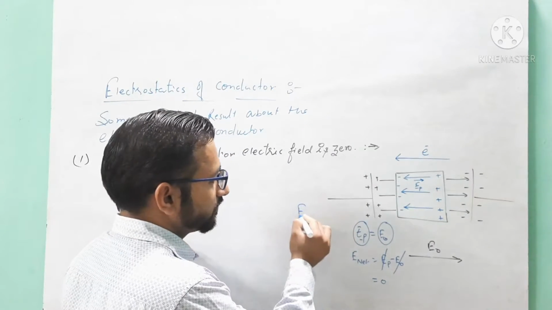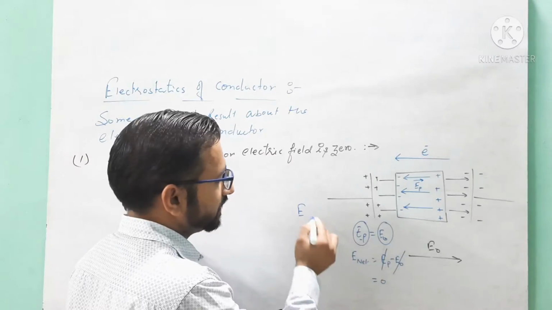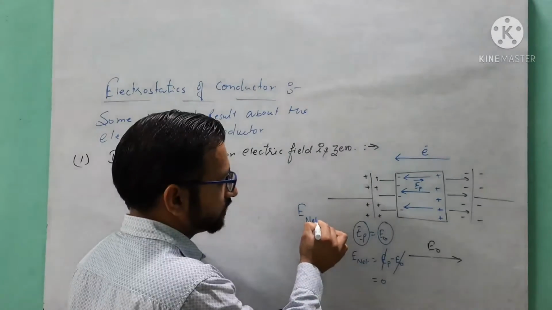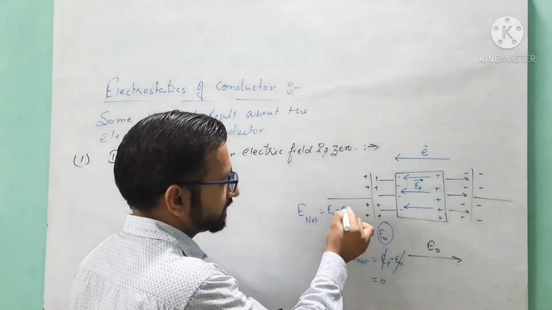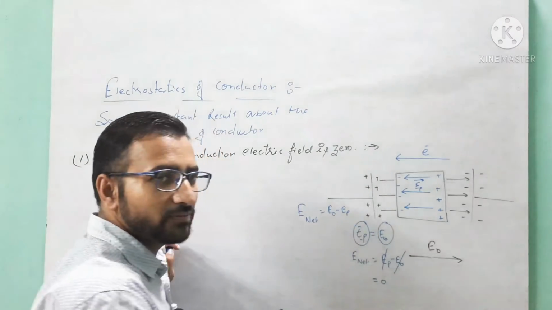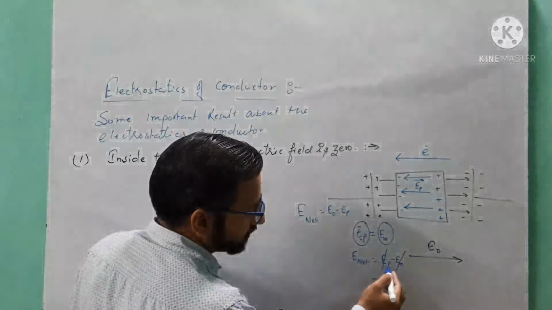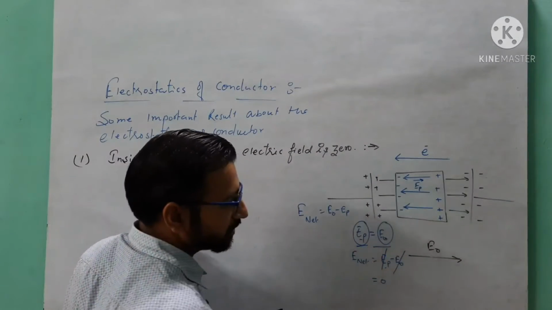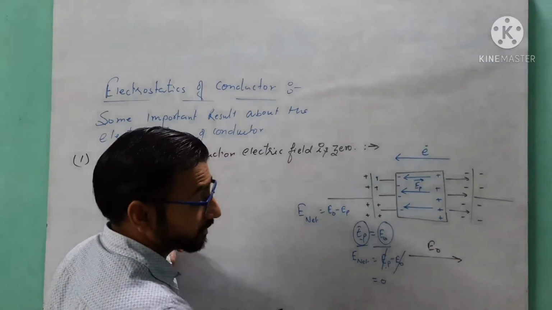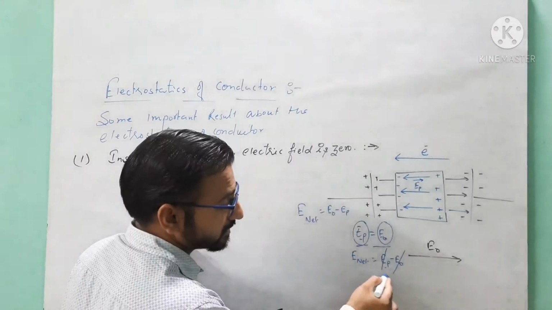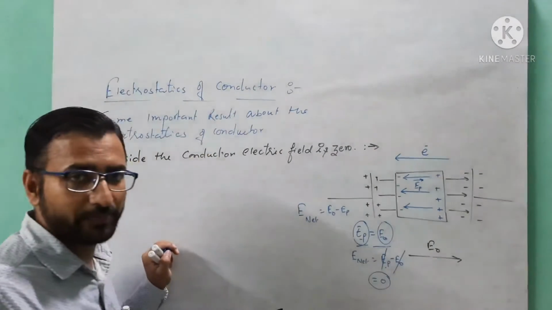Initially when EP is less than E0, E net is E0 minus EP, but as EP increases it approaches E0, both values are equal, so the resultant will be 0.